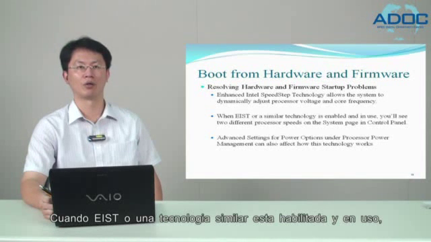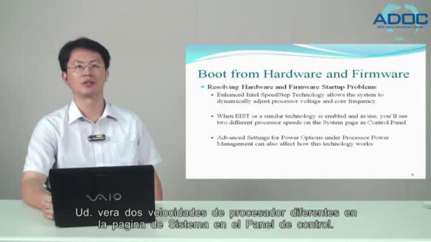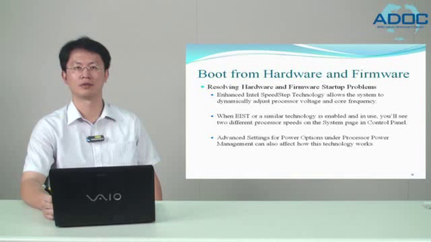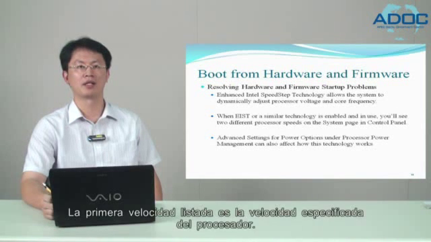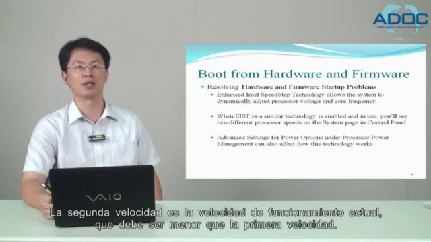When EIST or a similar technology is enabled and in use, you will see two different processor speeds on the System page in Control Panel. The first speed listed is the specified speed of the processor. The second speed is the current operating speed, which should be less than the first speed.